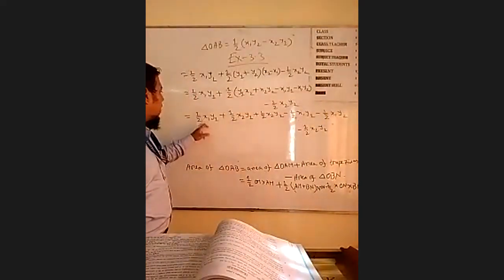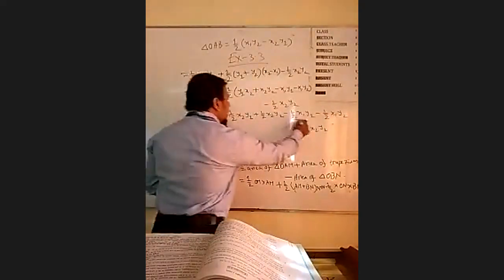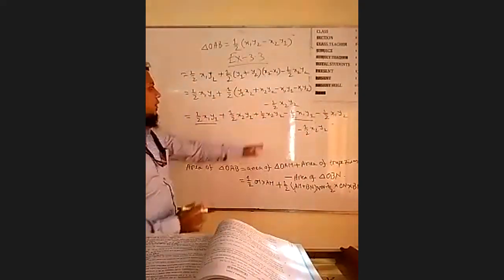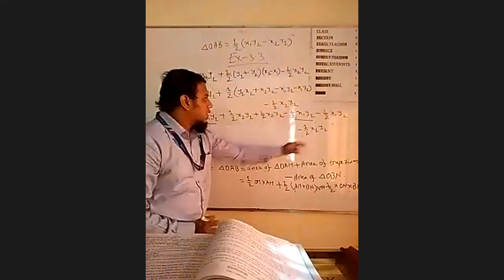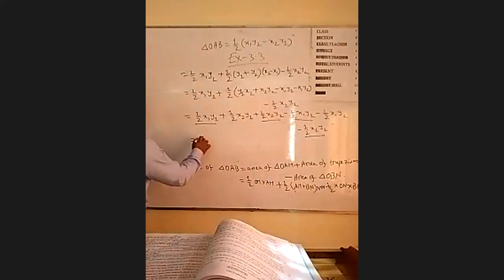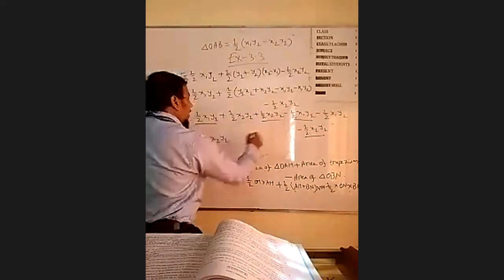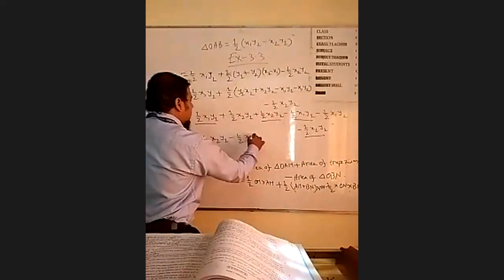Half x1 y1 and minus half x1 y1 cancel, and half x2 y2 and minus half x2 y2 also cancel. Lastly we get half x2 y1 minus half x1 y2.